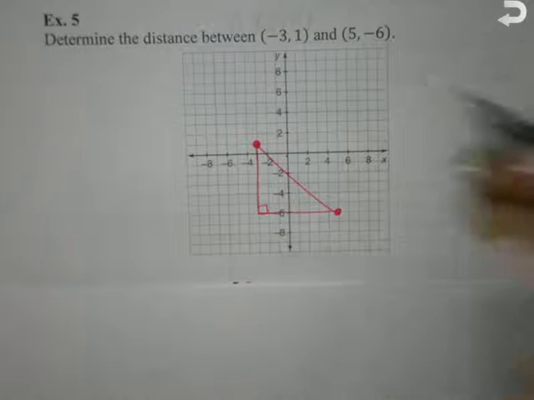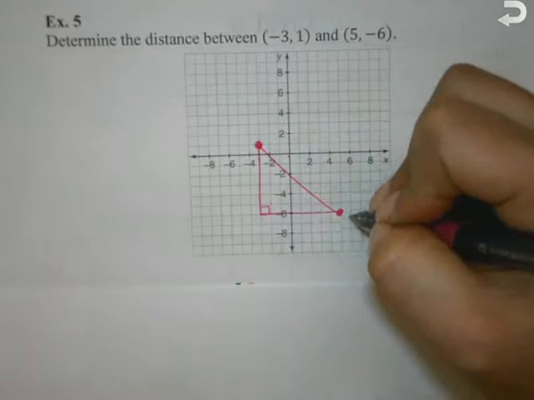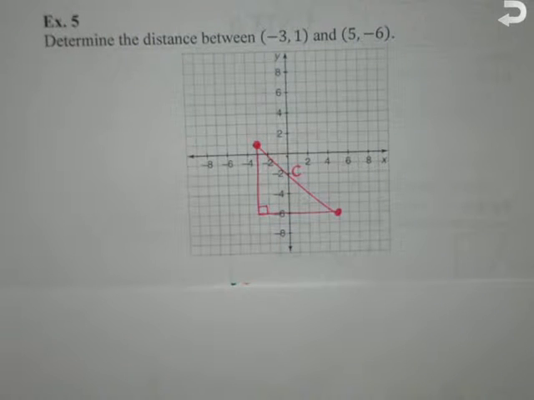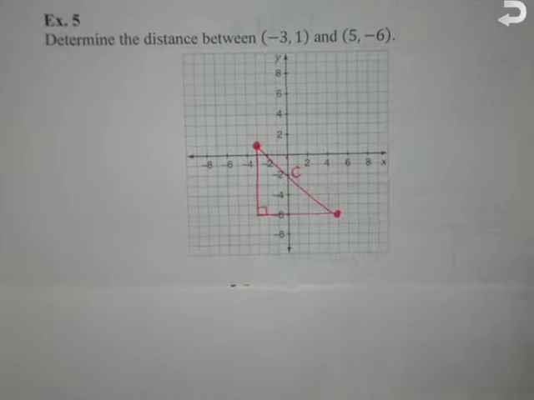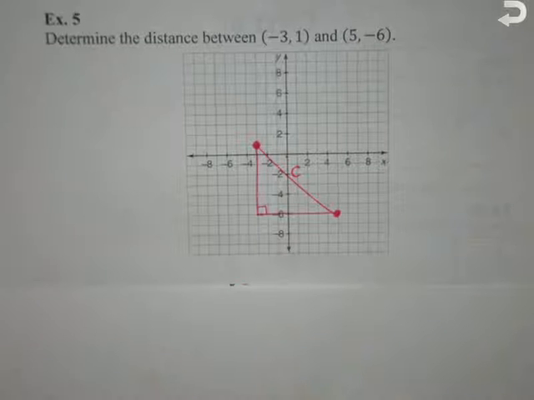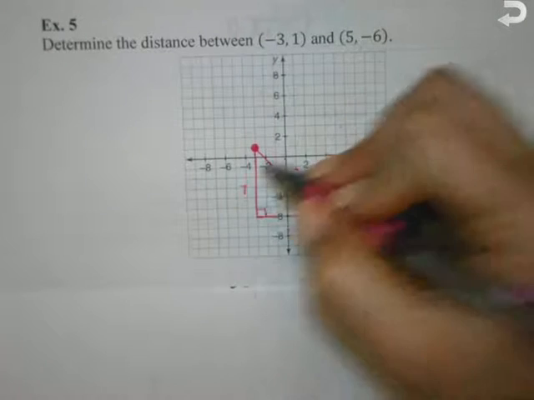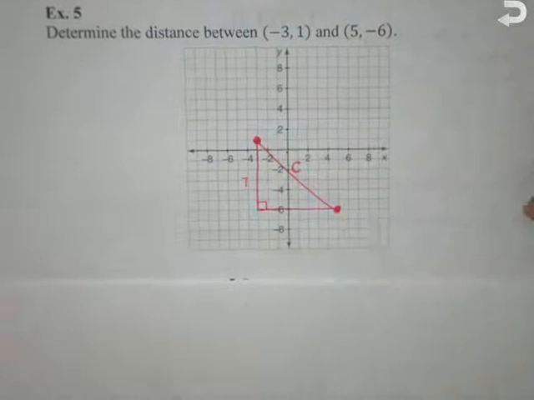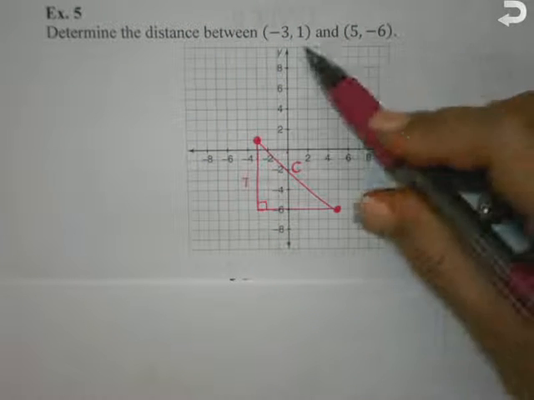And then let's label the distance between the points our hypotenuse C. So we need to figure out the distance of our legs. So what would this leg be? 7. You can count the spaces, 1, 2, 3, 4, 5, 6, 7, or we can subtract 1 and -6.